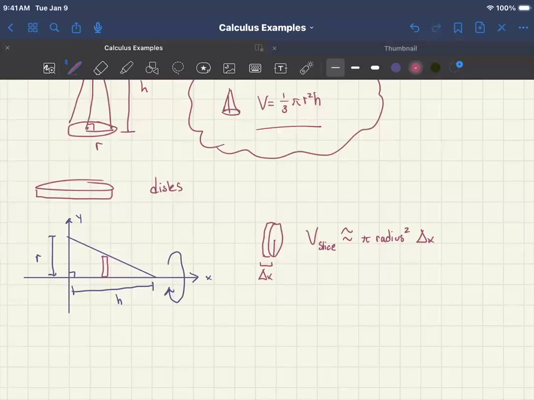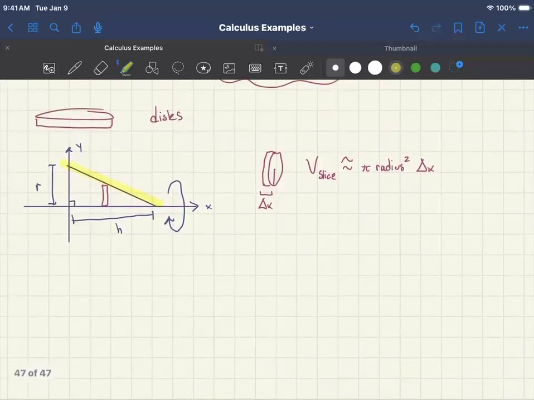Now, the radius of our slice here is going to change as we move along this line right here. So we need to know the equation of that particular line that I've highlighted. And we can figure that out.